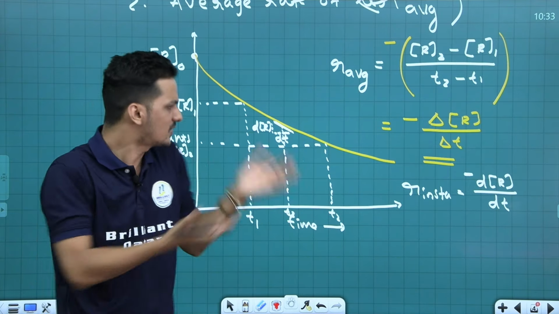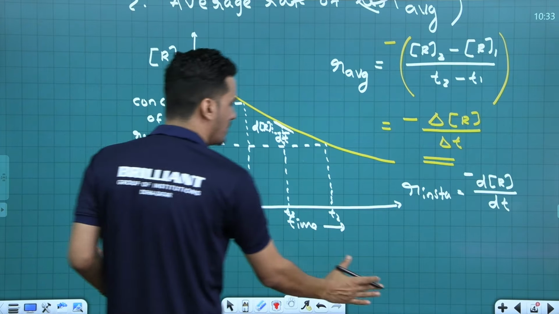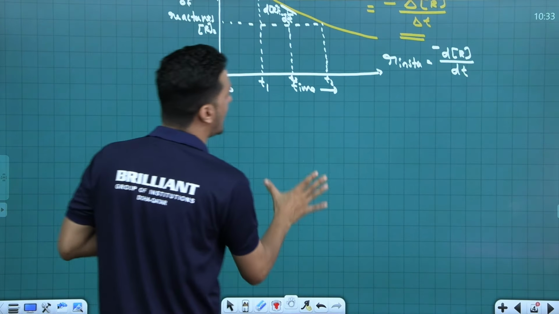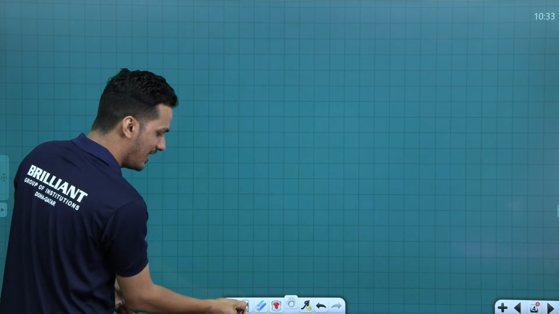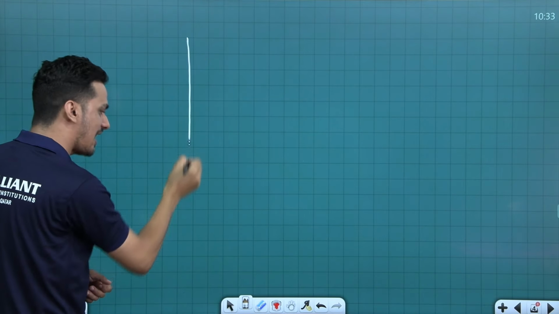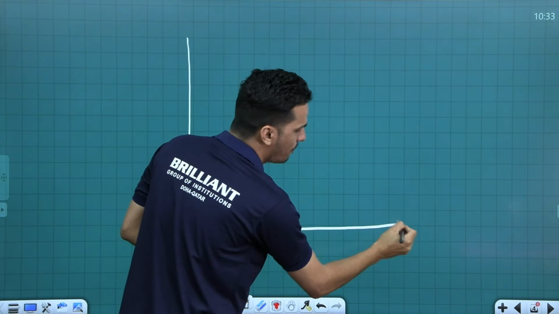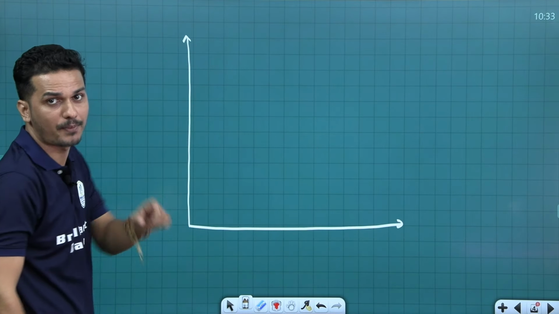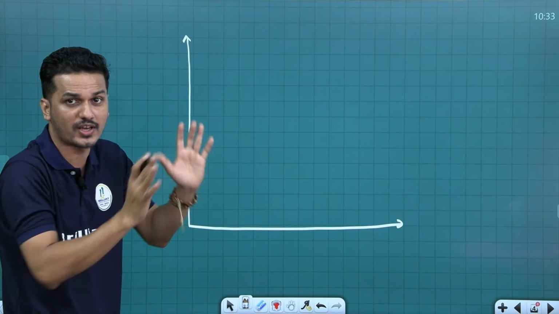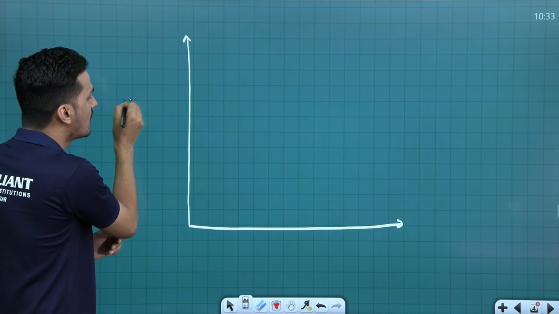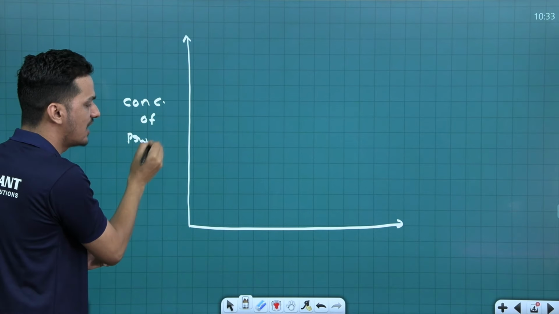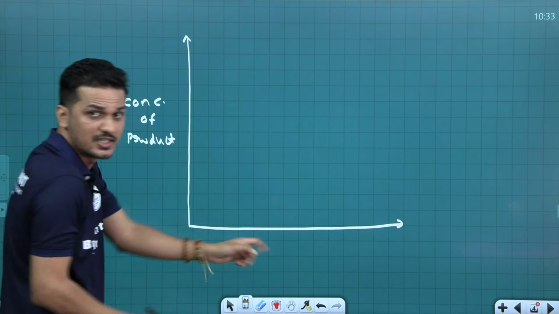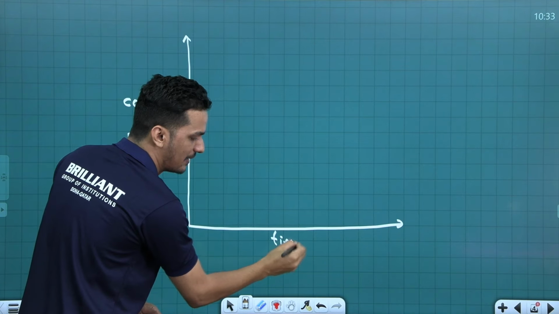How, sir? In the same way we can draw the graph for product. How will it be? Listen to me very carefully, guys. I'm going to draw the graph between product and time. Here I am taking concentration of product, and here I am taking time.